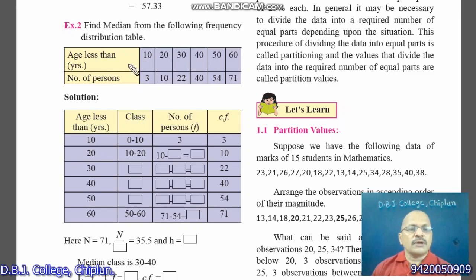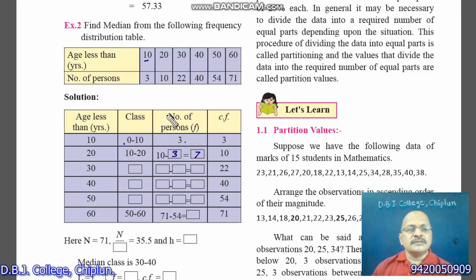So first of all, classes. Here the first value, 10, 3: age less than 10 means from age 0 to 10 there are 3 persons. Now age less than 20 there are 10 persons, that is 0 to 20 there are 10, but 0 to 10 there are 3. So 10 minus 3 gives you 7.